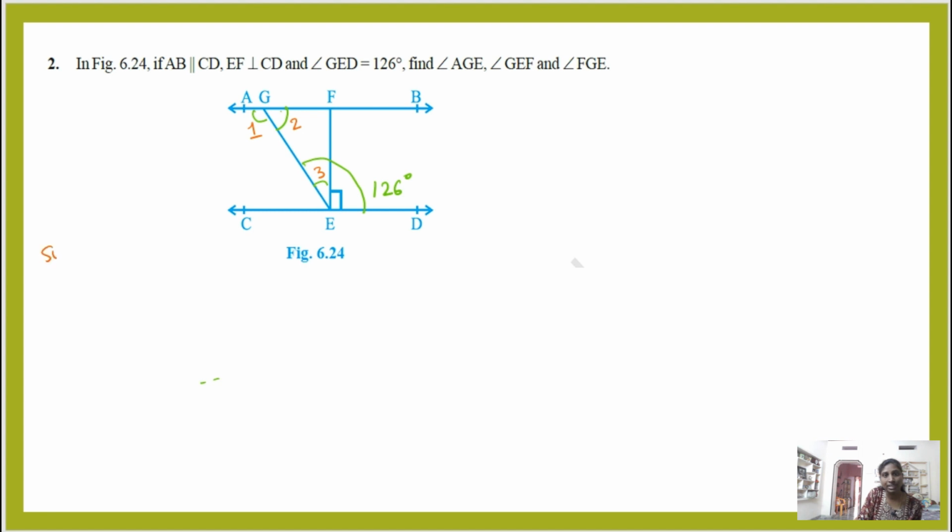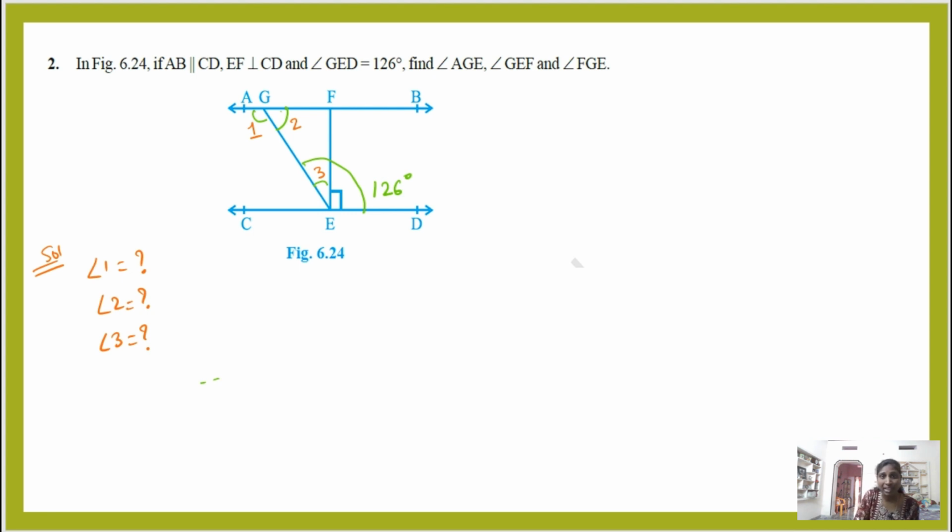Now let us solve it. We have to find out angle 1 is equal to what, angle 2 is equal to what, and angle 3 is equal to what. But which angle should we find out first?